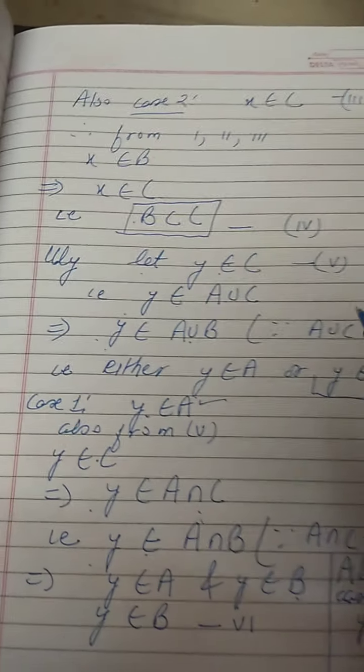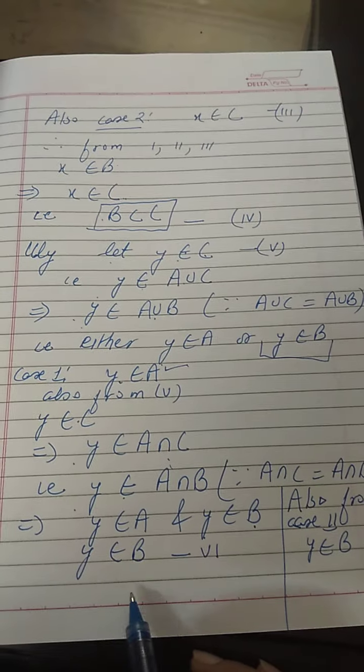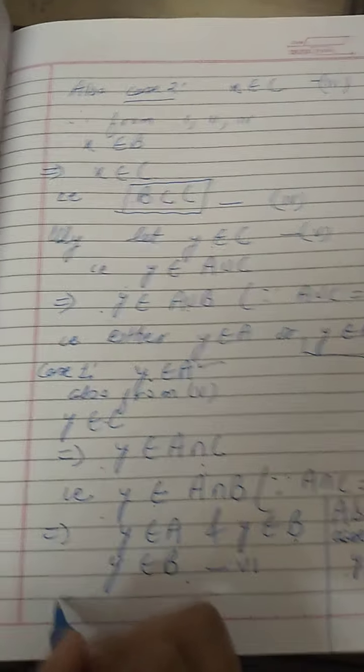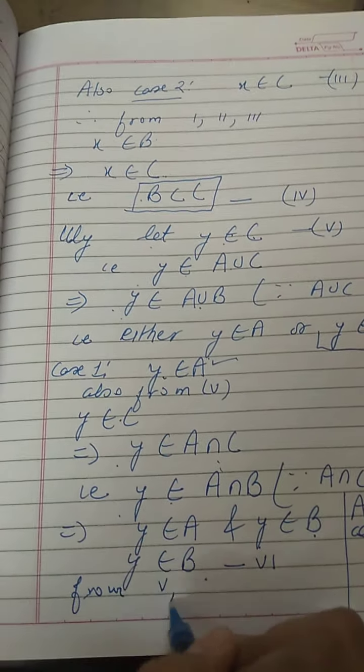Now, equation number 5, we said y belongs to C, and we have reached the point that y belongs to B. So we can say from 5, 6 and 7, what we have assumed, that C is a subset of B. So let it be equation number then 8. It means from equation 4 we said B is a subset of C. In equation number 8 we said C is a subset of B.